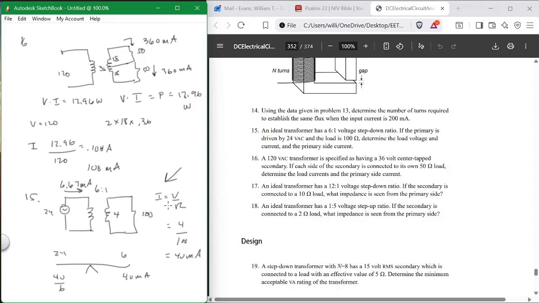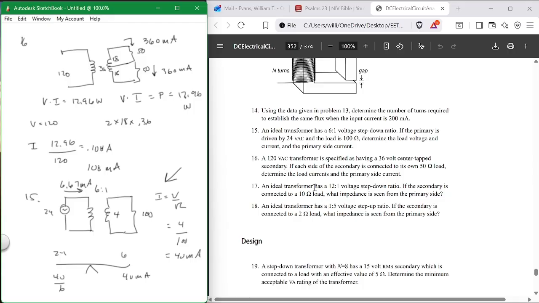That's the typical type of problem you'll get on transformers. Now 17 is the same thing, except they don't give you a voltage on the primary. They just basically ask, what is the primary resistance? Well, you don't have to find impedance.